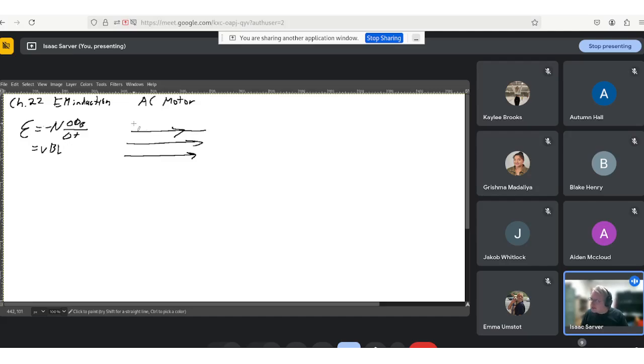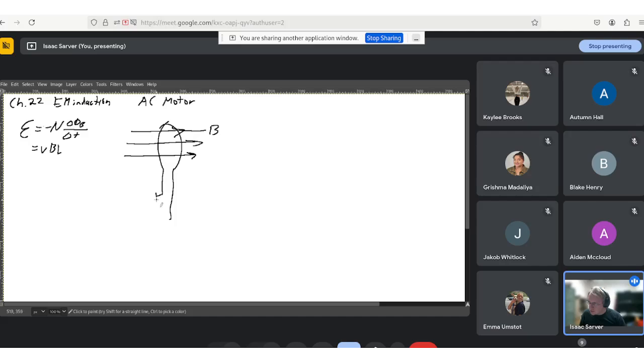Alright. Anyways, so we have a B field, like so, and then we got a loop of wire floating in this loop in here. And I need a way to pull out of this loop a current into the rest of the world. So this guy goes here, this guy goes here.